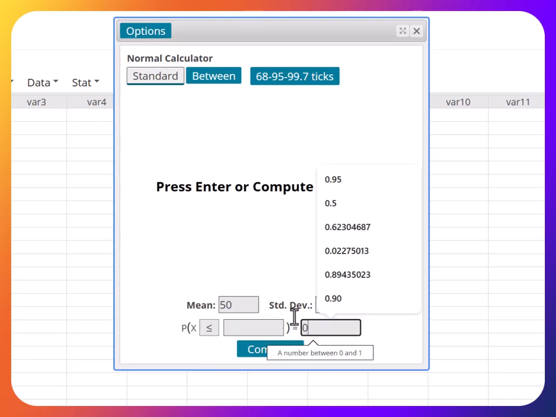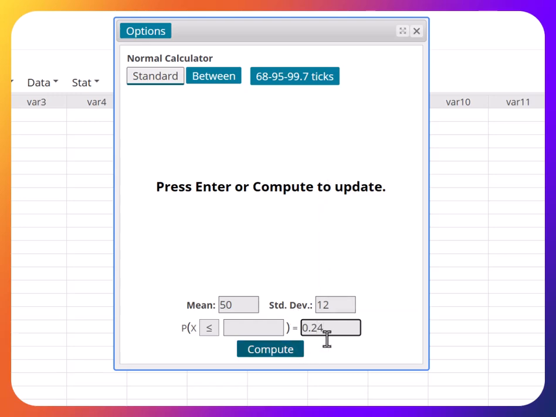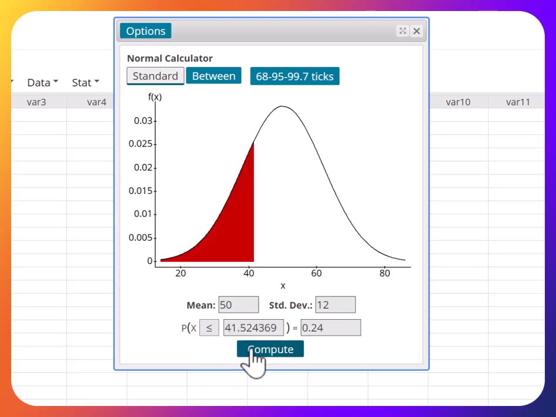This is the percentile. Remember, guys, this field is for the probability and this field is for the x value. Now he's given us the probability, so we have to put it here on the right to get an answer on the left. 41.52, that would be the x value. Next question.